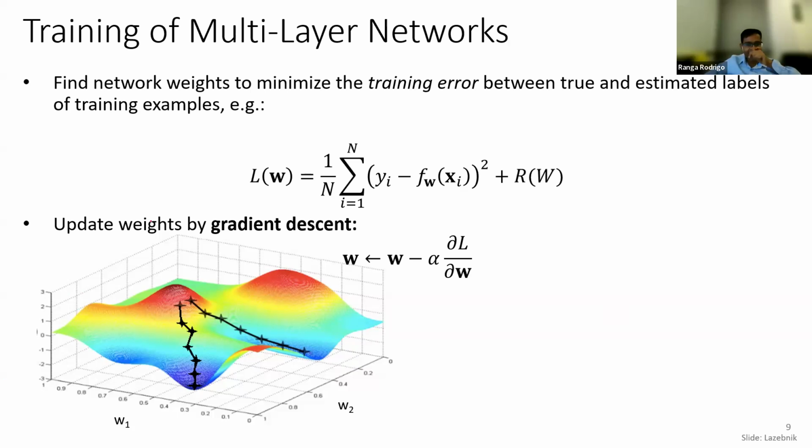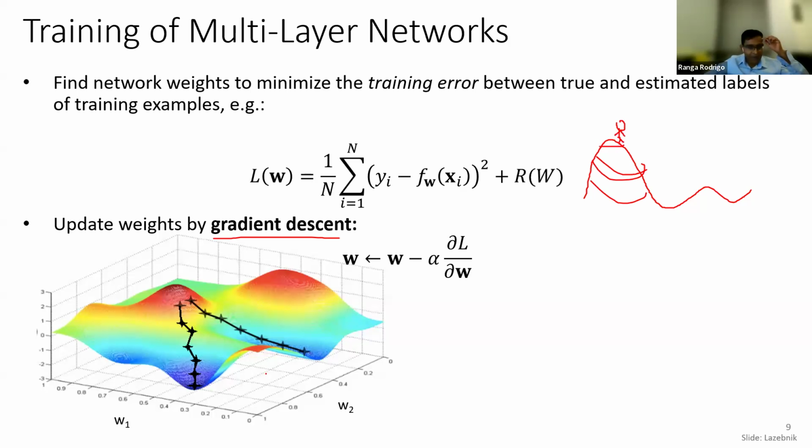So what is gradient descent? Think about this now. If you are on a mountain top here, this is a mountain, and you are here.